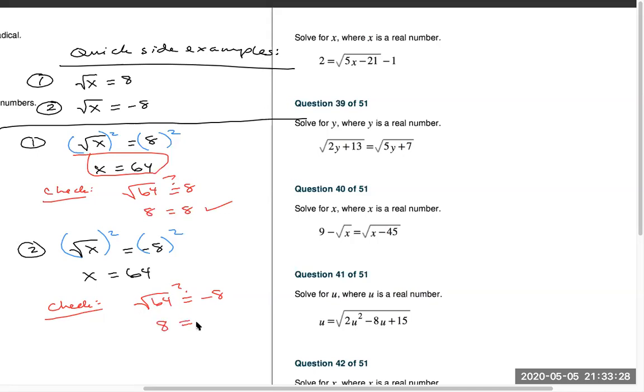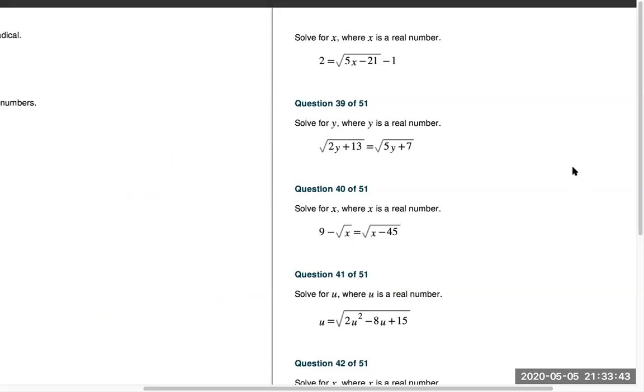That's 8. That is not equal to -8. So for this case, it would be no solution. All right, let me clear this out. I'll go ahead and go to number 39 next.